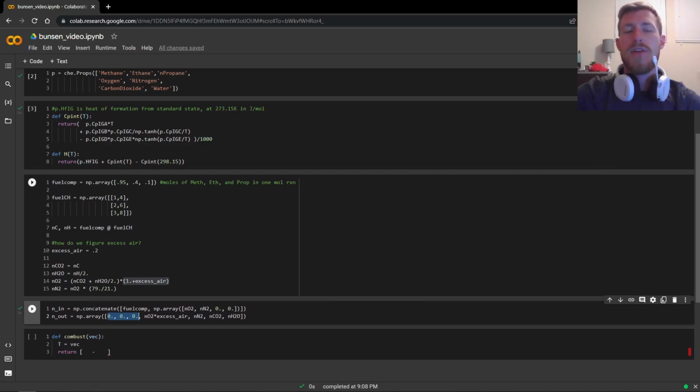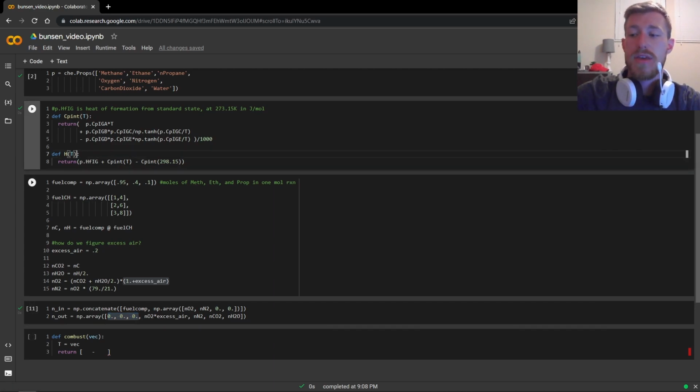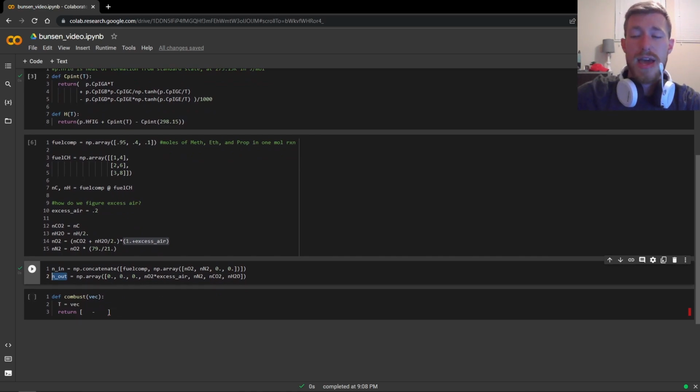So we have to somehow figure out a way to sort out the things we don't want and keep the things we do. We can do that by simply multiplying whatever our enthalpy function gives us by the n out variable we made, which is an array that contains the number of moles of each of our substances per mole of reaction.